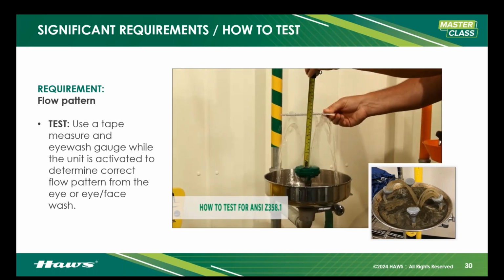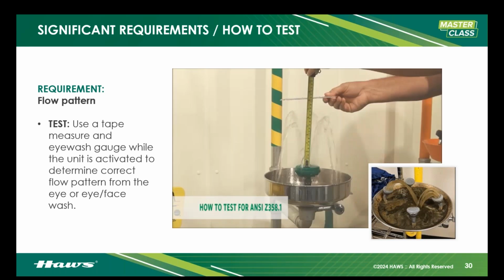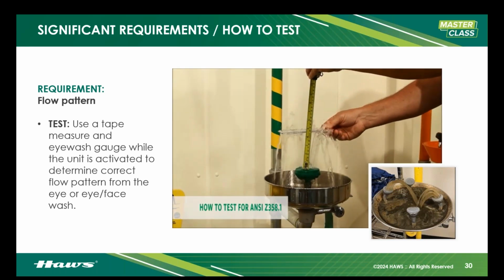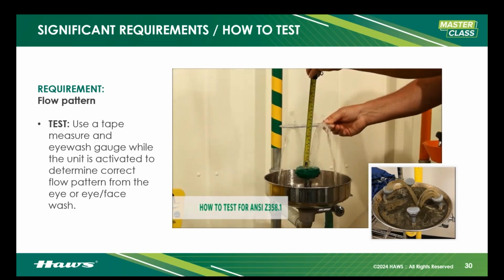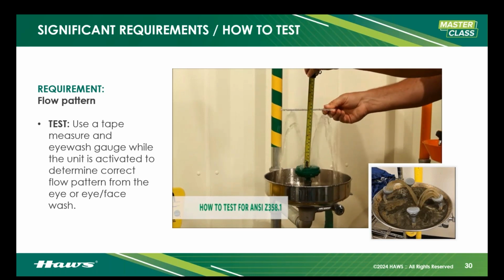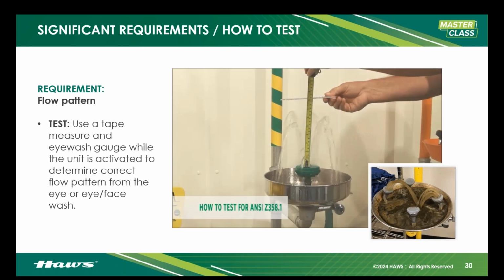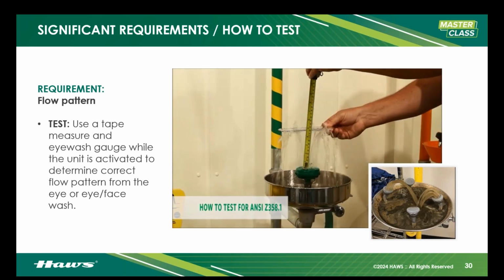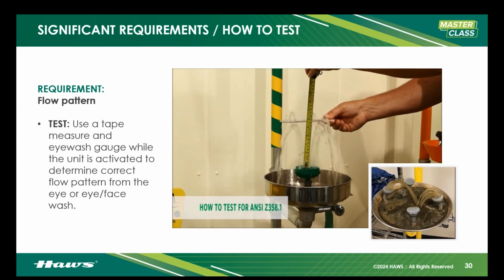So you can see we're measuring up, we're starting at 8 inches with the gauge and slowly lowering that gauge until it aligns with the eye wash or eye face wash. That's compliant. That's ensuring, because this gauge is based on average human anthropometrics. All of us have our eyes in basically the same place, unless you're built like Sloth from the Goonies. Then that gauge is telling us, and I'll give you an above view here.